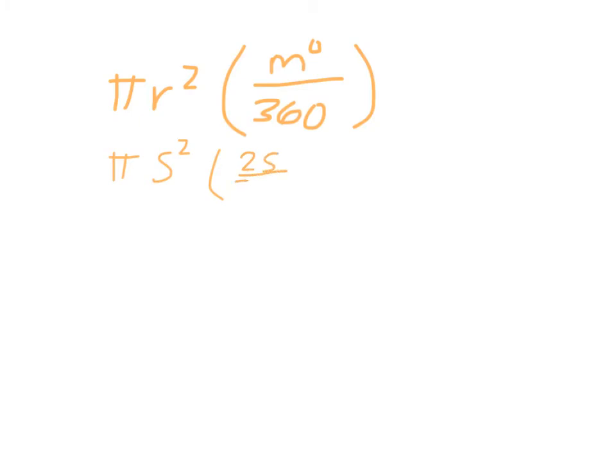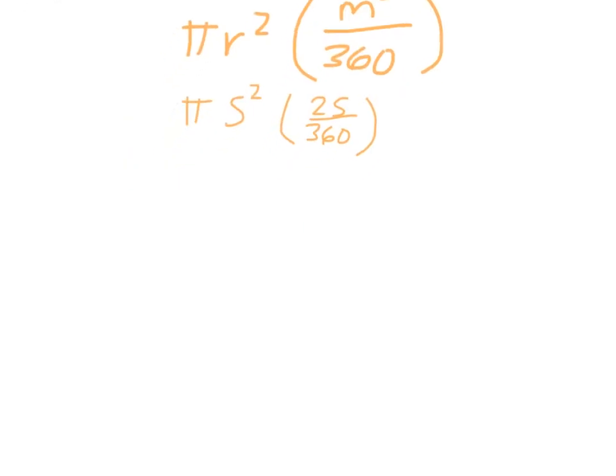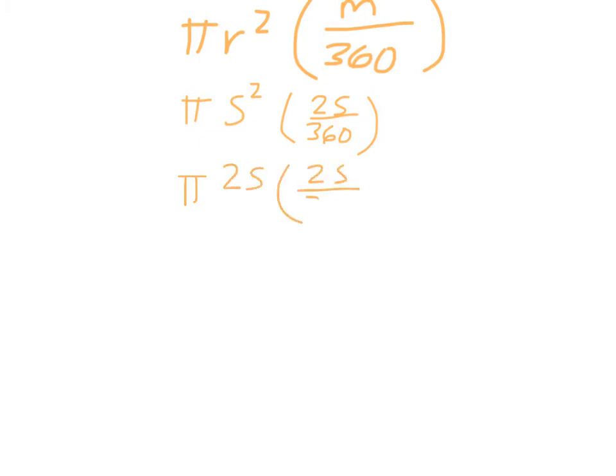So 25 divided by 360. So now we do 5 squared, so pi times 25 times 25 over 360. So we can multiply the 25 times 25 and then divide that by 360.